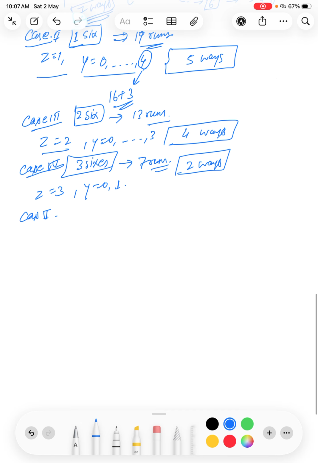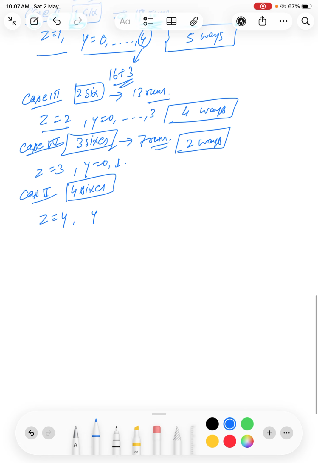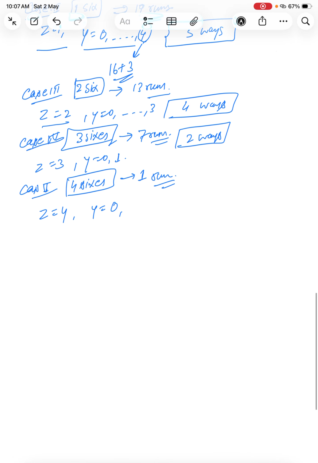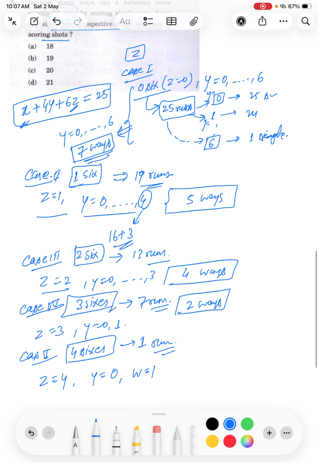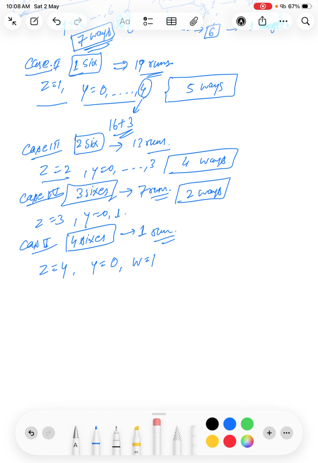Then case 5 is 4 sixes. Z is equal to 4. The possible value of Y would be 0 because you are left to score only 1 run. So you are not required to hit any 4, just one single, x is equal to 1.